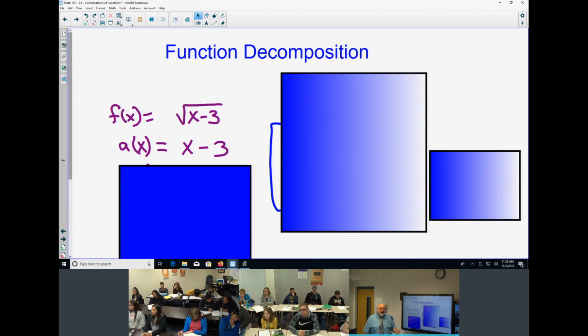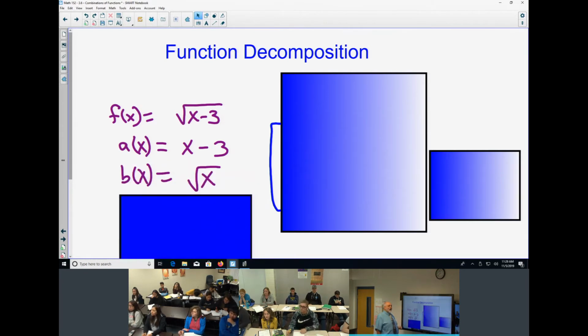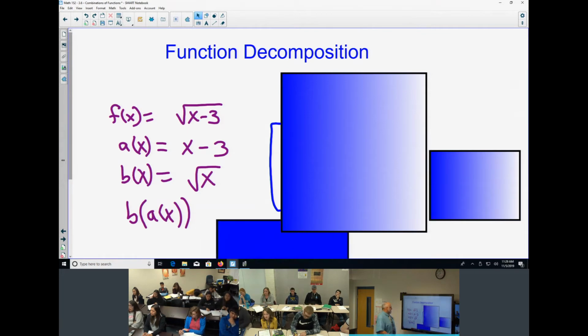Then the second operation I would do would be to take the square root. So I'm calling that the second function. And so what I started with is actually the b of the a of x. First I subtract 3, then I take the square root.